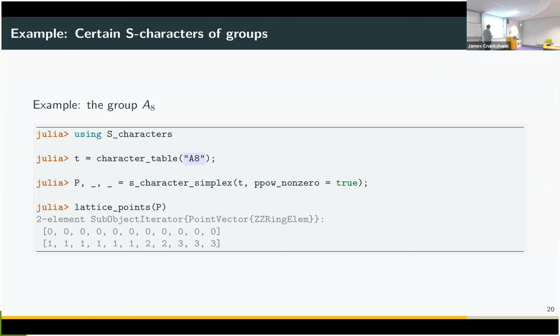So P is now the simplex. And then we ask for the lattice points, again an OSCAR function there. And we get, as first solution, the first row of the matrix, so every position filled with 1. And then we get a second solution, which is the proper vector which we have asked for.